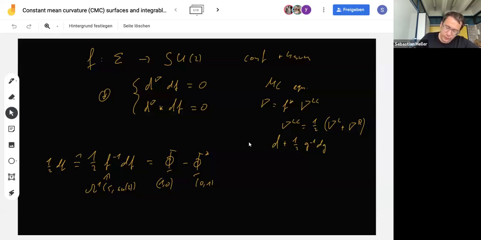If you have an ordinary one form on a Riemann surface which is a 1-0 form, it is given by a smooth function f times dz. Then the exterior derivative of this form gives us df wedge dz. But this is the same as the 0-1 part of the derivative of f.